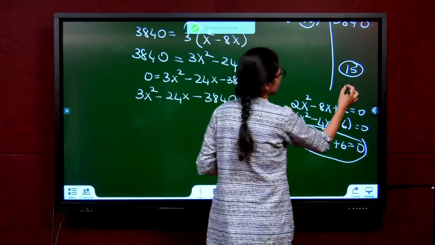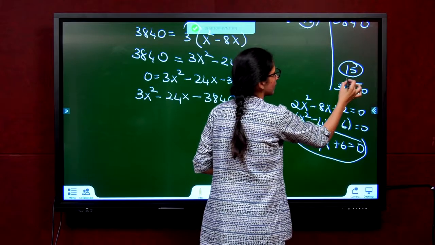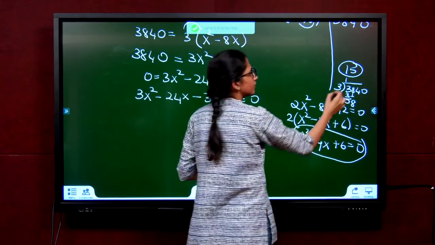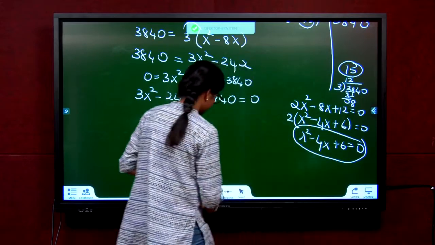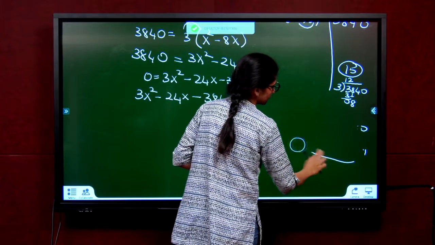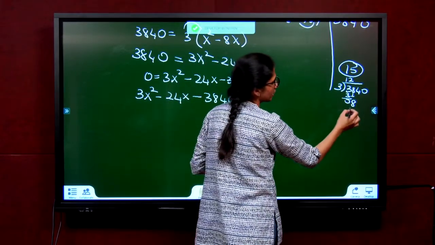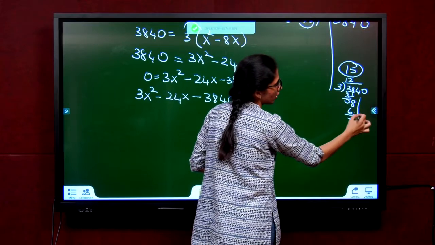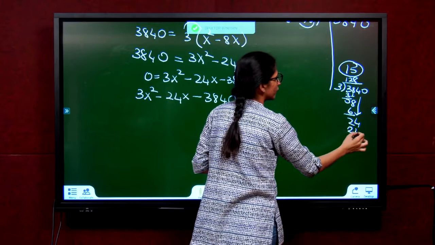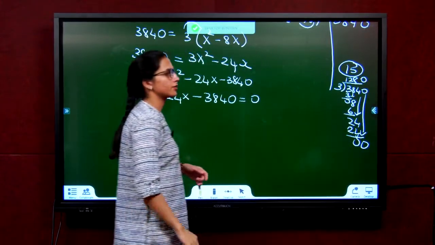So you first divide 3840 by 3. 3 ones are 3, 0, 8 comes down, 3 twos are 6, remainder 2, 4 comes down, 3 eights are 24, 0, 0 comes down, put another 0 there.